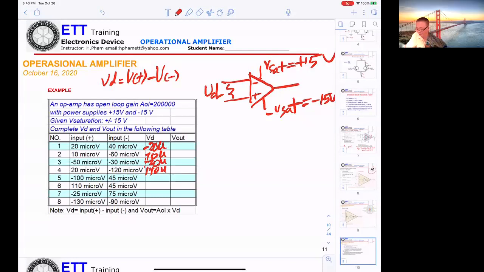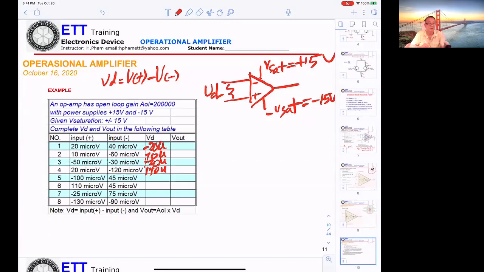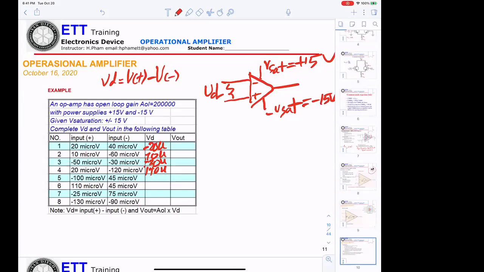Yes. Minus 120 and minus 20, minus times a minus is a plus. So 120 and 20 is a plus 140, right, Mr. Pham? That's what I gave you. It's plus 100.